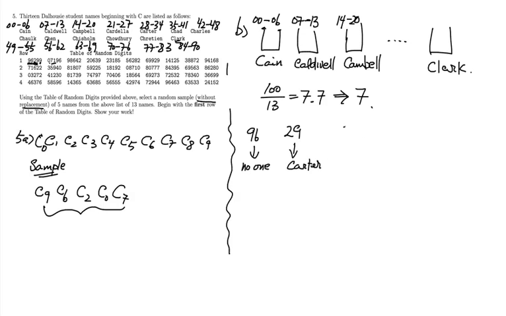The next number is 90, the 9 here and then the 0. 90 gives us Clark, because any number between 84 to 90 gives us Clark. So we get Clark here. And then we have 71. 71 here is Chowdhury.